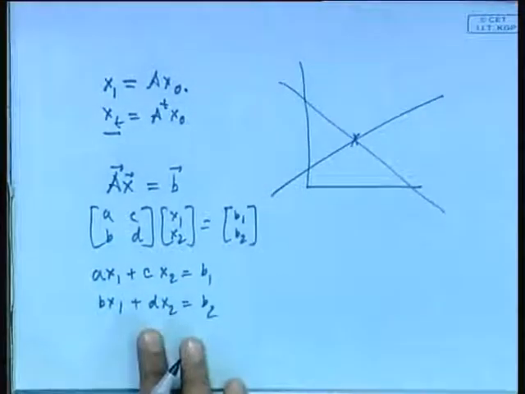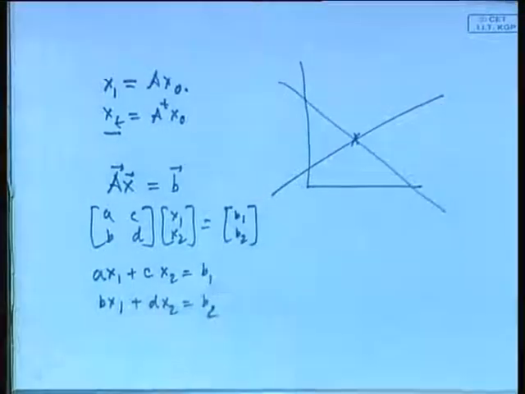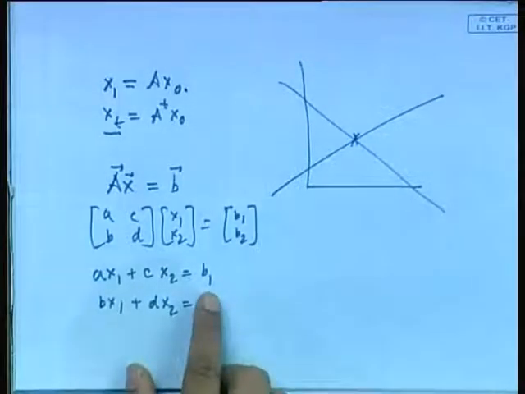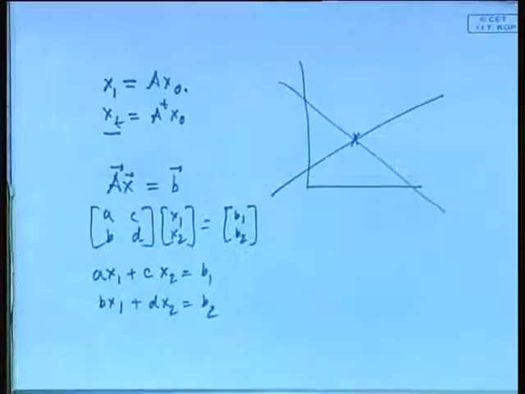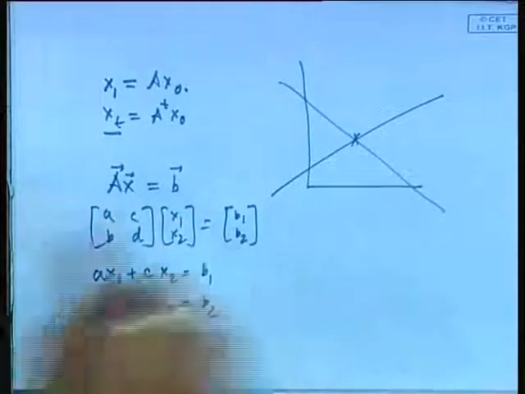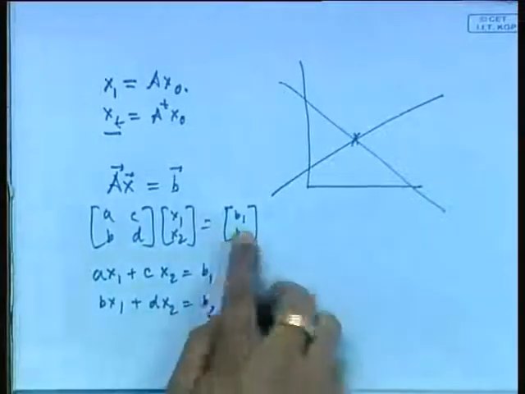Still there will be linear equations, but in this case they will not be lines, they will be planes. So, there will be hyperplanes in n dimensions, and this matrix then essentially represents a set of planes. These coefficients, these rows actually are representing a set of planes, of course with b.